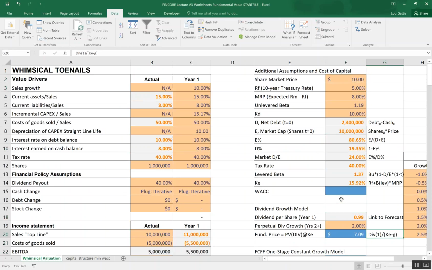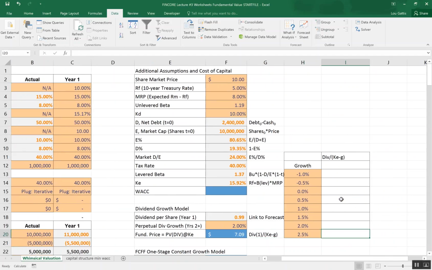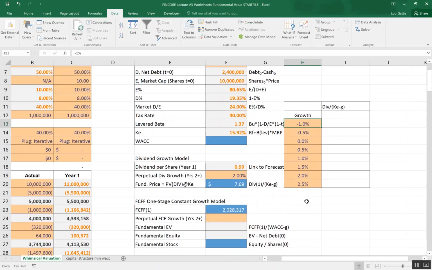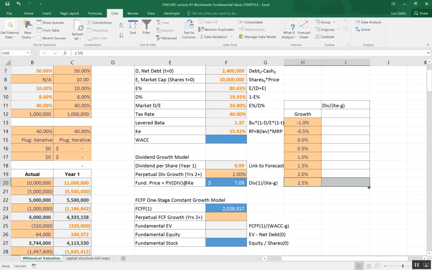But let's do some sensitivity analysis. Let's say that the growth of the dividends is between -1%, and let's go a little more aggressive, all the way up to 4%. Using a data table, I can put in a bunch of values for one parameter.